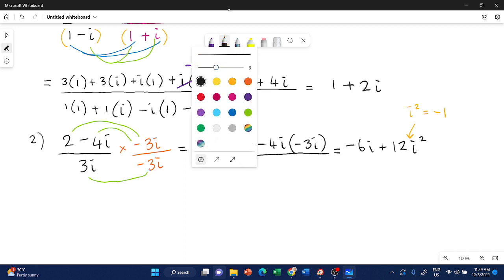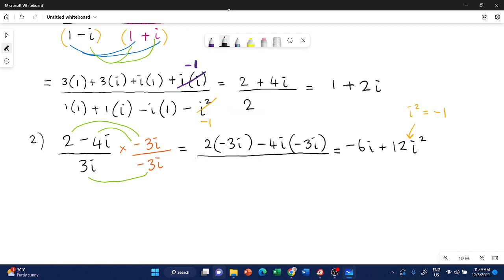So that means here we have negative 12 minus 6i. So this part is for bahagian atas.